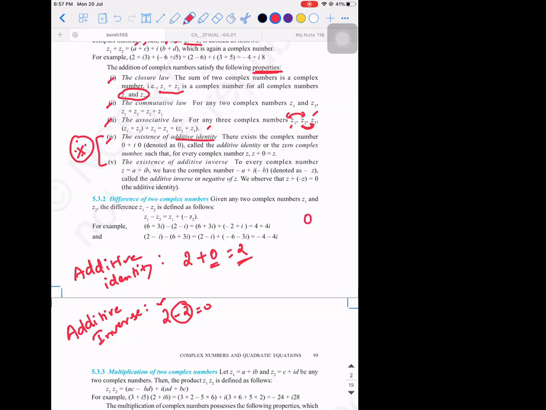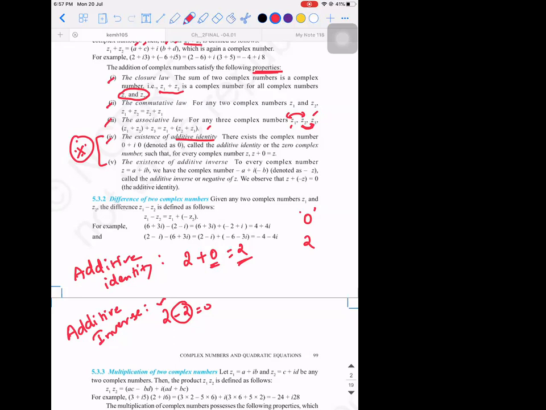Now, is 0 a real number or a complex number? Real number. Is 2 a real number or a complex number? Real number. Every real number is a complex number, but every complex number is not a real number.